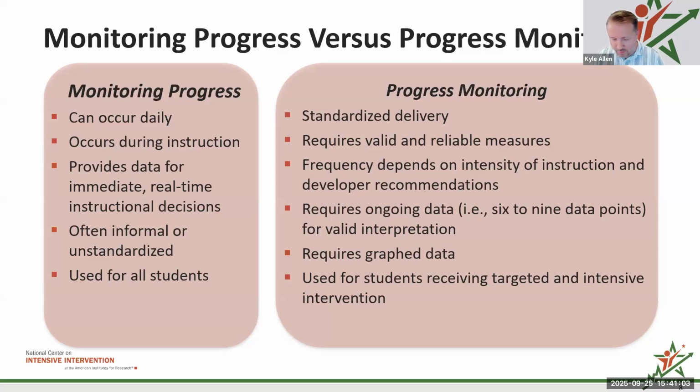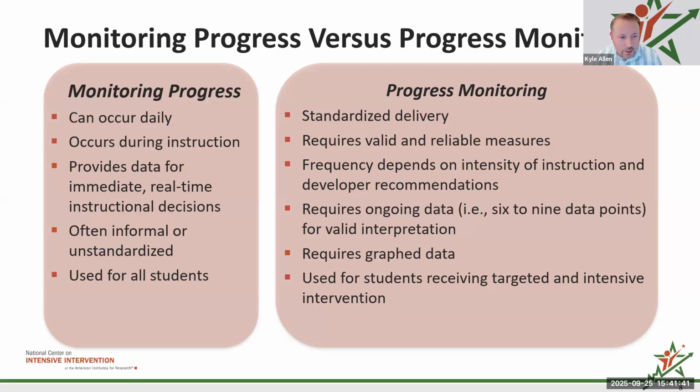Pat's heard me say this because we've provided professional development in a lot of places together, but I think even when we're teaching adults, right, like professional development, we do this monitoring progress when we go and work with educators, right? It's really just making sure that as I'm instructing something every day, so a teacher who's teaching something new, we provide this immediate questions, opportunities for students to respond that give us real-time data that can drive our instruction immediately in the moment, right?